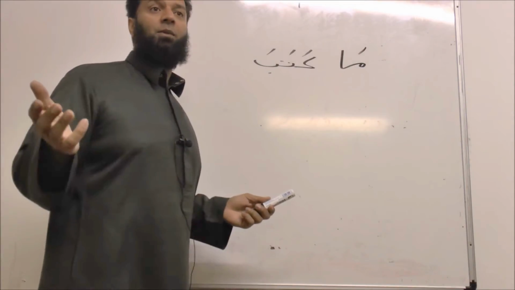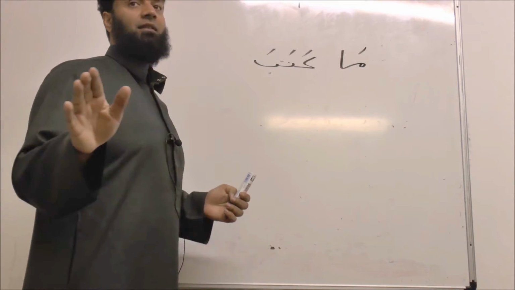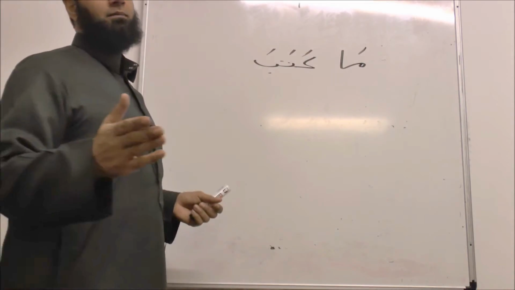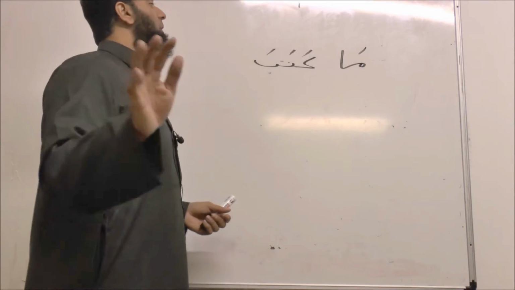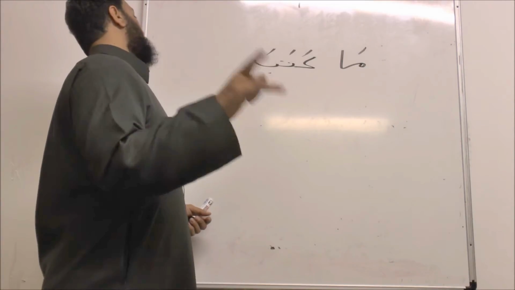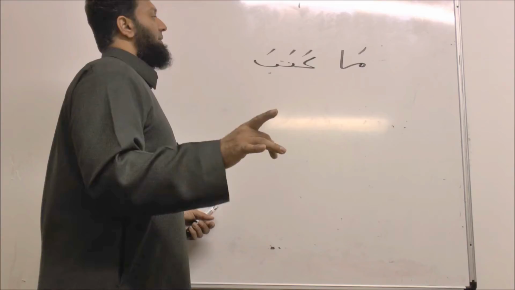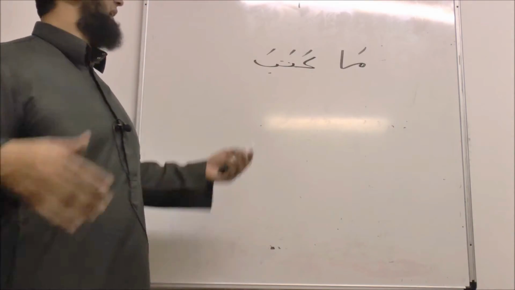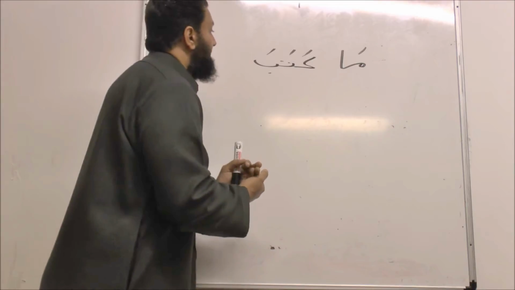That's nice and easy, right? I told you this lesson would be nice and easy. ما كتب is he did not write. There's nothing complicated about that, and it's literally that simple.